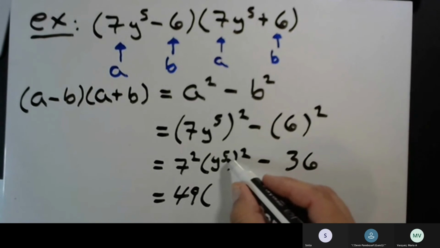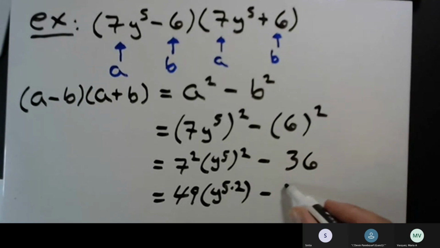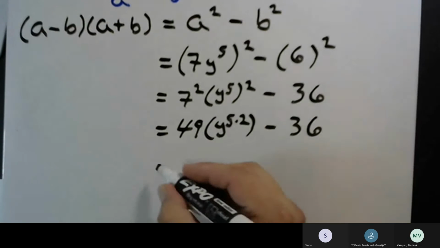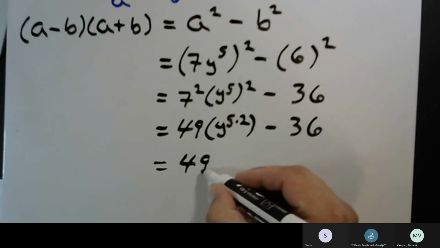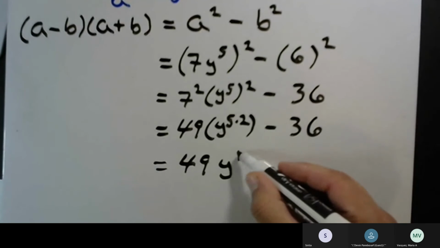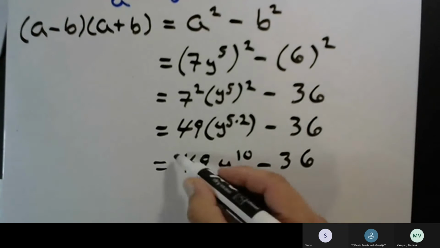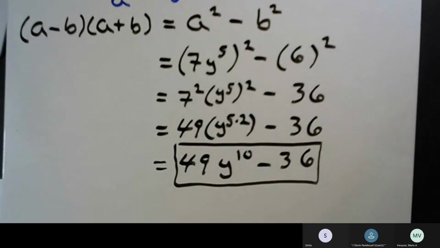When you have the exponent of an exponent, you multiply. And that's going to be your answer.